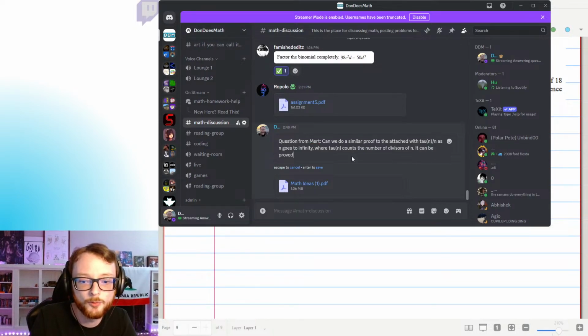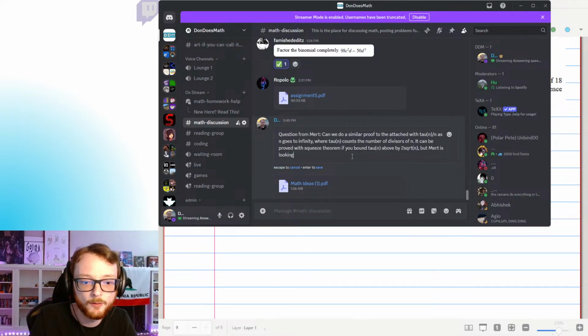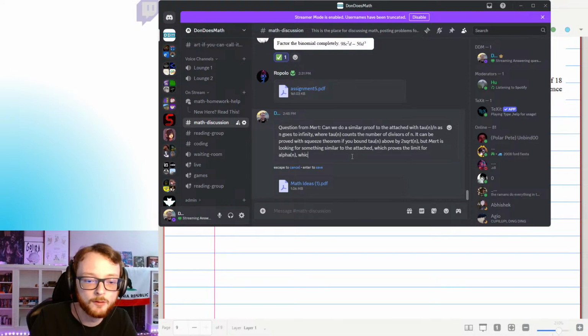It can be proved with squeeze theorem if you bound tau above by 2 square root n, but Mert is looking for something similar to the attached, which proves the limit for alpha of n, which counts unique prime divisors.